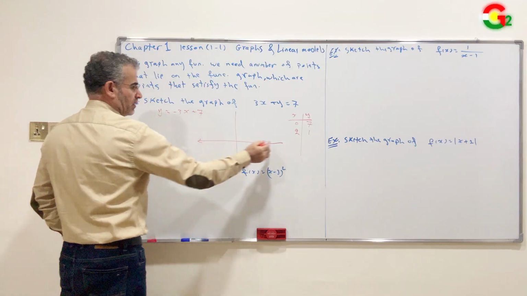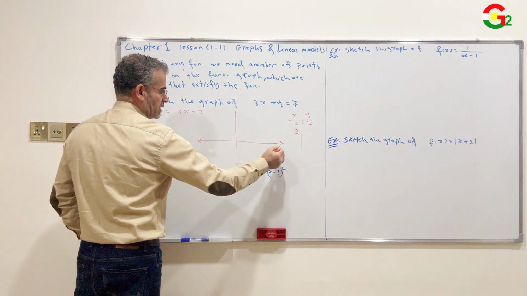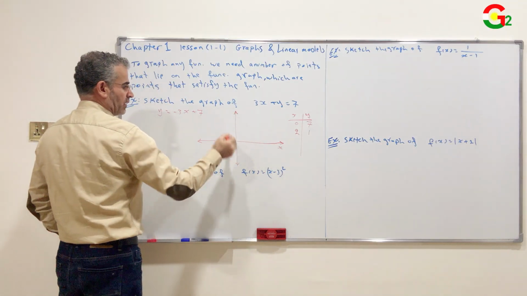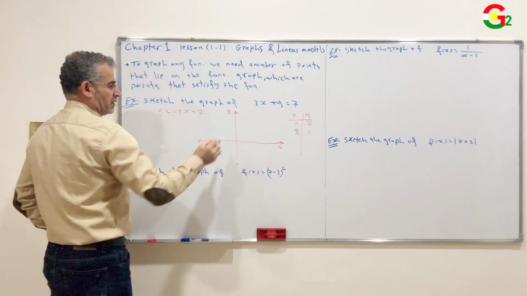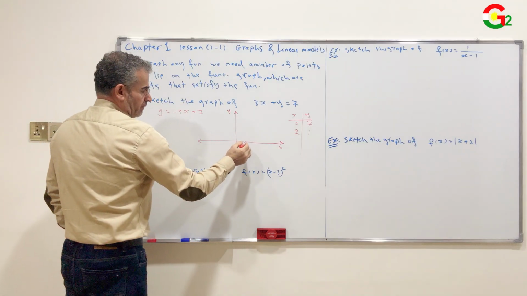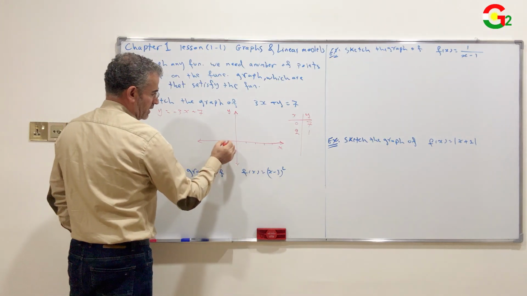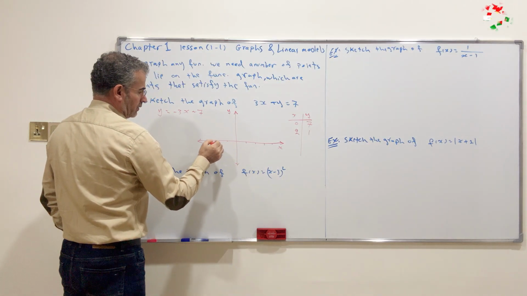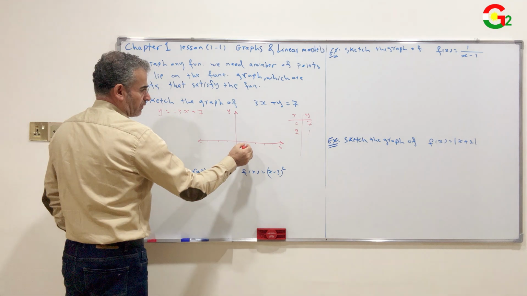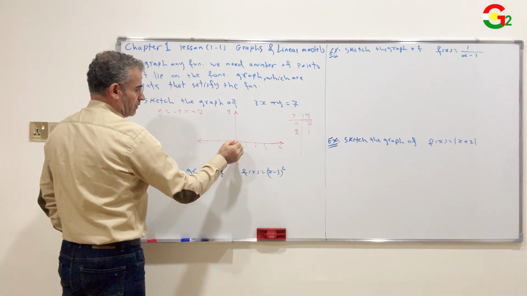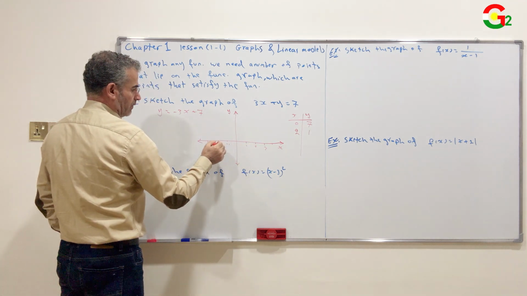This is the horizontal axis, the x-axis, and the vertical axis is the y-axis. Divide the axis into equal step sizes, to the right for the positive numbers and to the left for the negative numbers.